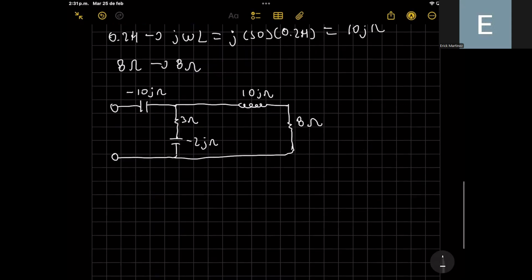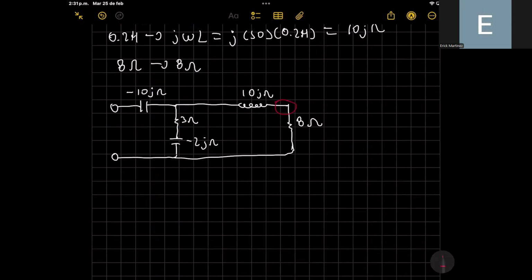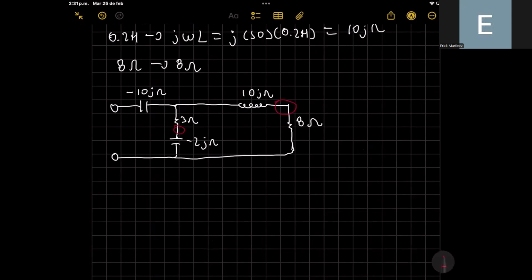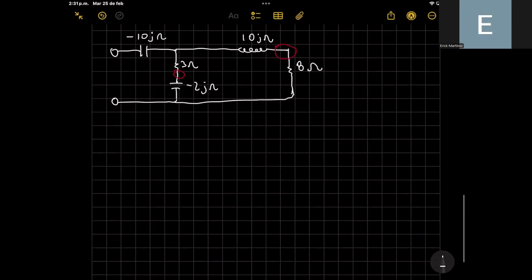Okay? Now, we can start simplifying the impedances. So here you can notice that we have these two elements in series. So I can simplify this, but also these two impedances are in series. So I can add them together, no? That would be the equivalent impedance. So I will rewrite this as follows. I will have here minus 10 J ohms, and I will simplify these two elements that are in series.